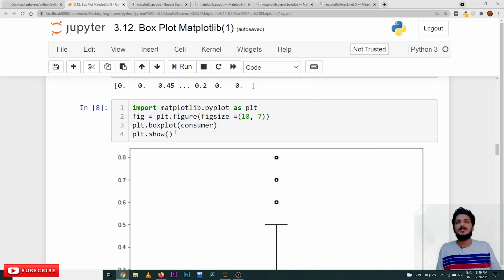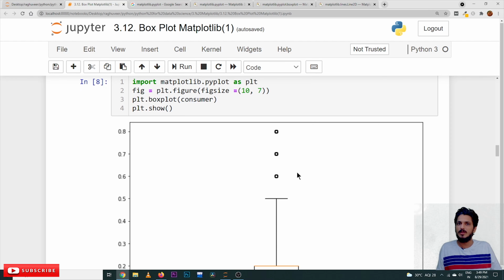In our data set, 0.6 means 60% discount, 70% discount, 80% discount, are given only to few data points. So that's why our box plot won't consider those values, and the remaining values are considered, meaning most of them are at 0.5 and below. So in these situations these values are considered as outliers.